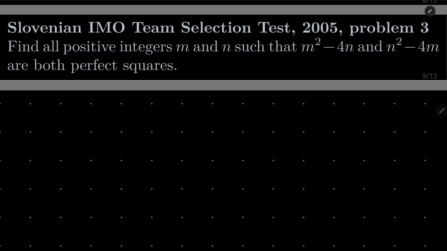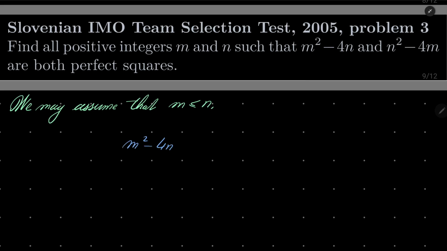Okay, so as I suggested, we may assume because of symmetry that m is less than or equal to n. Very well. And now notice the following. m squared minus 4 times n should be a perfect square, so definitely it should be greater than or equal to 0.